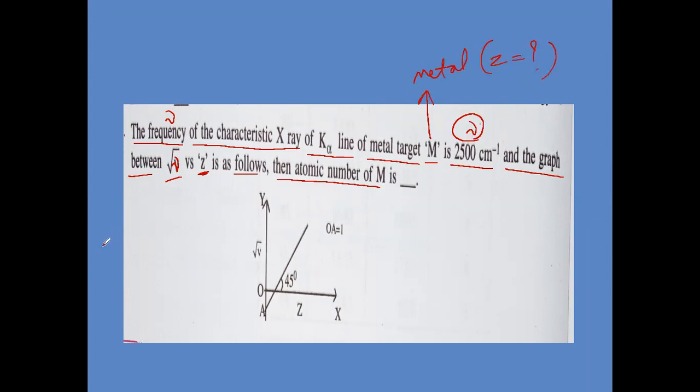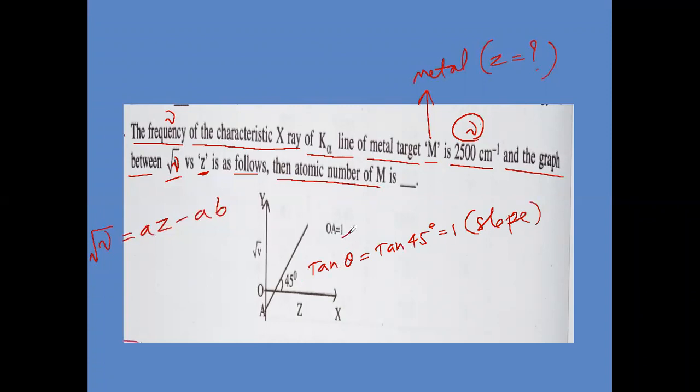Tell me first of all, what is the equation here? Square root of nu is equal to A into Z minus AB. The slope is given as 45 degrees, so what is tan theta? Tan 45 degrees is 1. So the slope is given indirectly, not directly, but the slope is 1.